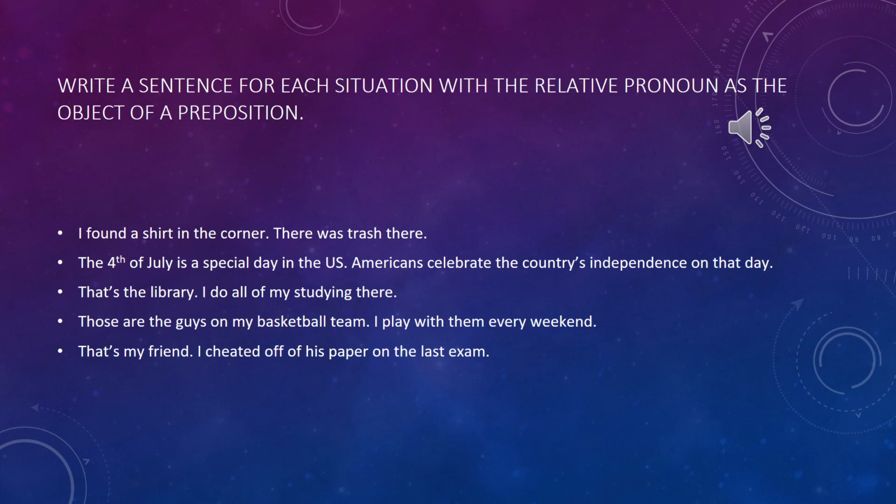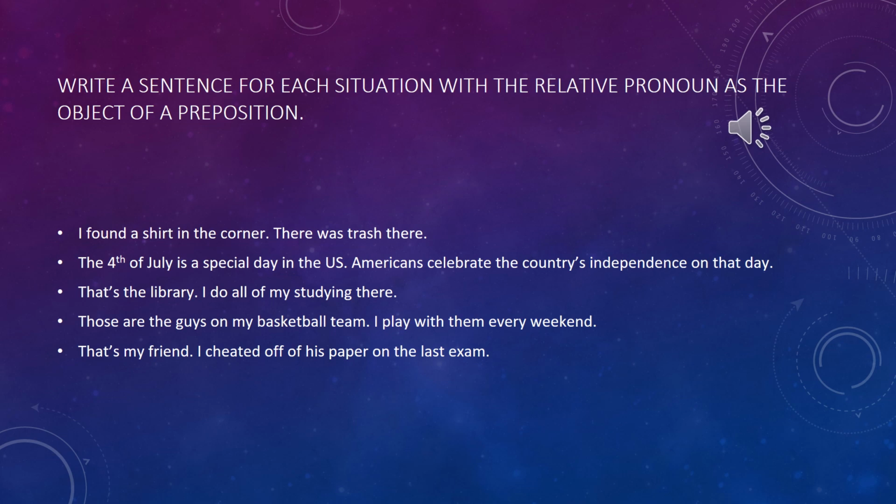Those are the guys on my basketball team. I play with them every weekend. You see that, "with them"? "Them" is the guys. I'm probably going to use a relative pronoun that means people to combine these clauses. But "with them" is sort of hinting that maybe I want to use an object pronoun.